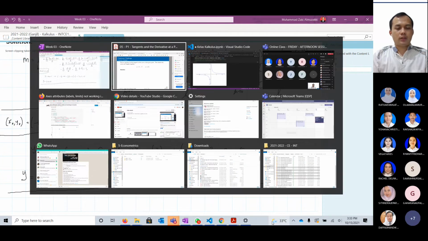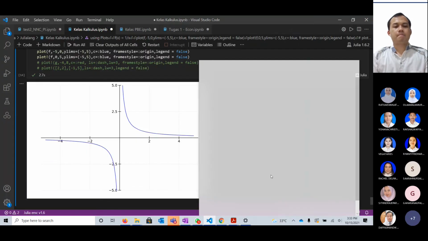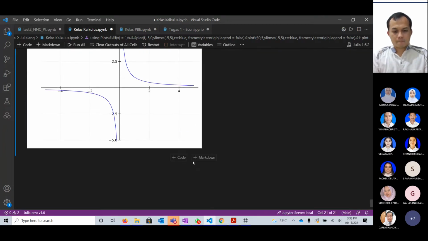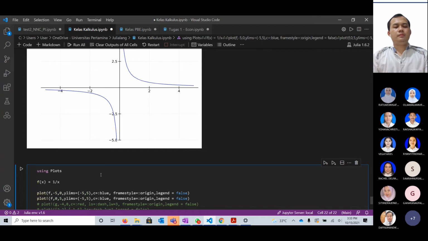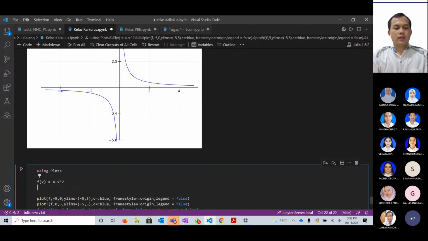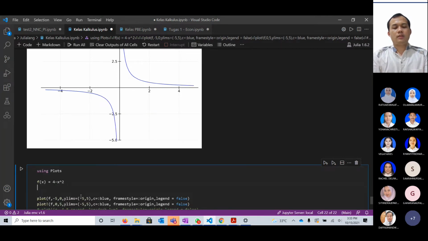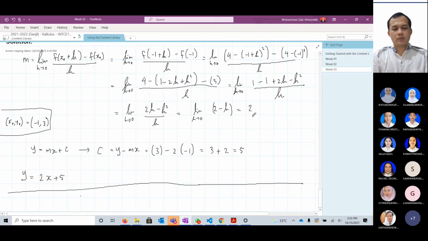Okay, if I plot it here, f of x is 4 minus x squared. And now the tangent line y of x is 2 times x plus 5.